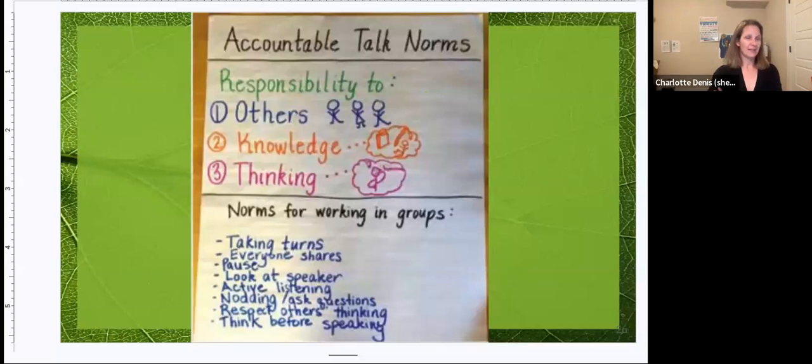So I like some basic accountable talk norms. This is not from my classroom. My handwriting is not nearly as neat as that. But I think it's important to have accountable talk norms in the classroom, right?